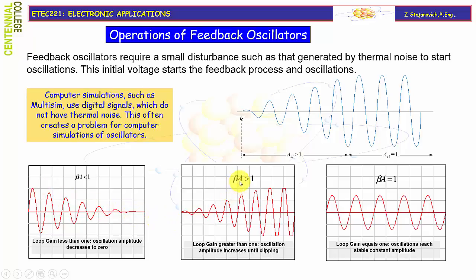If your loop gain is higher than 1, then you will start increasing the amplitude of oscillations until you reach the maximum possible level of the output signal, which is usually related to the value of the power supply voltage VCC. However, if the loop gain is exactly equal to 1 with a phase shift of 0, then you will sustain continuous oscillation with a stable amplitude.